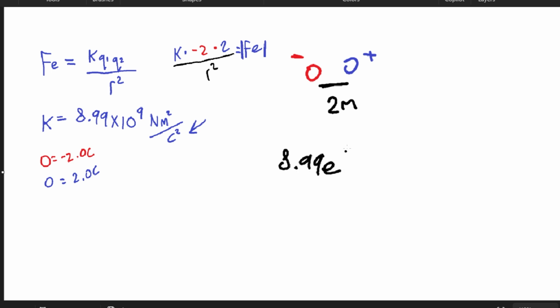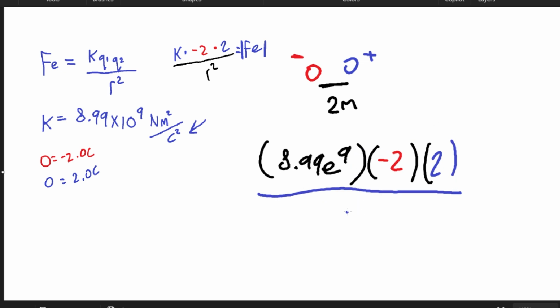8.99 times 10 to the power of 9 multiplied by negative 2 times 2, and all of that over 2 squared, because that's the distance. Remember, the distance between them is 2 meters, so we put 2 there. The charge of the red ball is negative 2, the charge of the blue ball is 2.